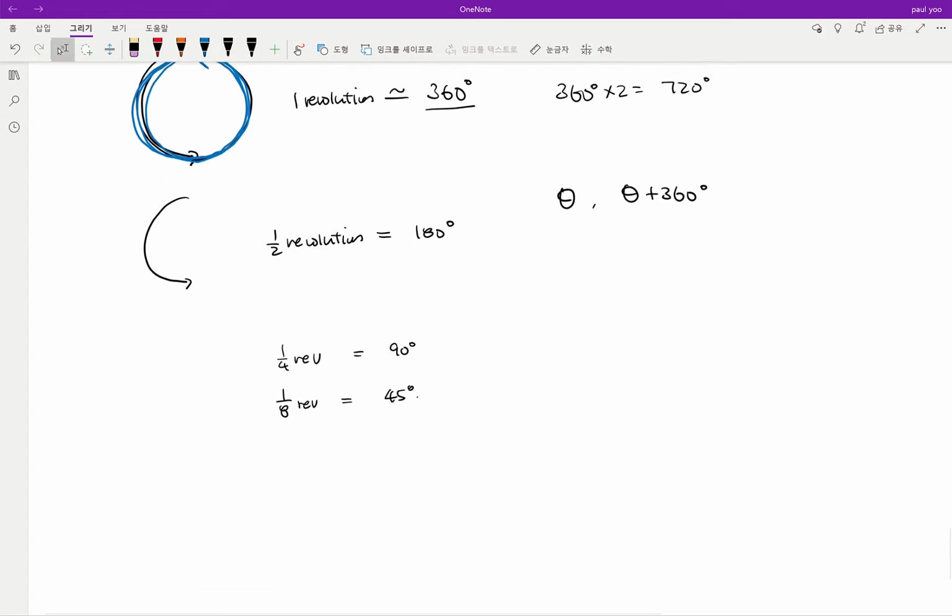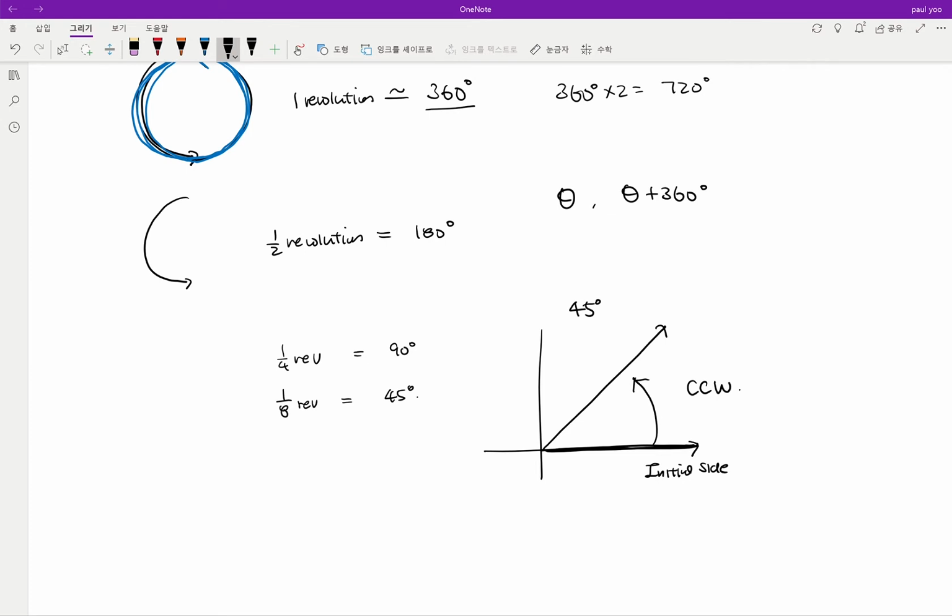As an example, 45 degrees is going to be half of 90. So let's say this is where you started, then we call this the initial side. Then if you go up by 45 counterclockwise, the angle it forms is 45 degrees, and where it ends is called the terminal side.